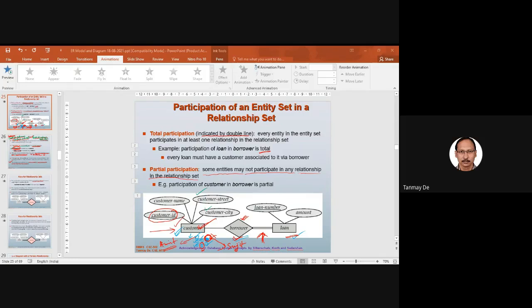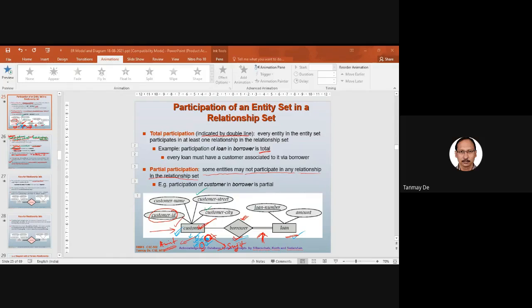That is the borrower relationship set. It associates the customer entity set as well as the loan entity set. How do we get the super key of the borrower relationship set? The primary key of the customer entity set is customer ID, and the primary key of the loan entity set is loan number.